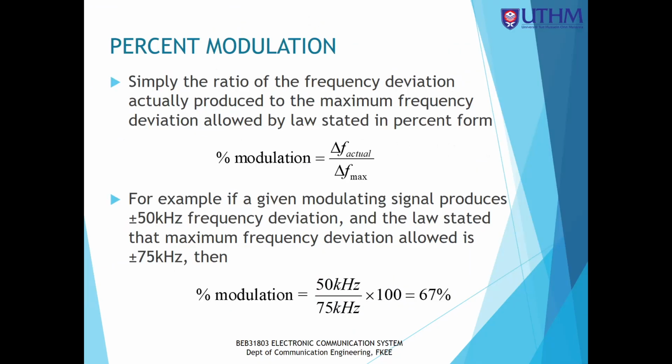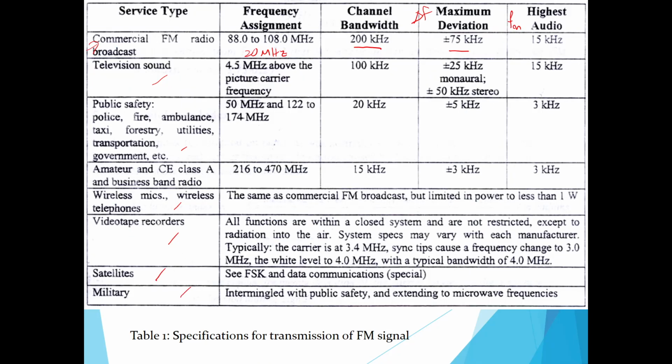Before percent modulation, you see that from 88 until 108 megahertz, this is the standard FM frequency band. This is actually referring to the carrier.